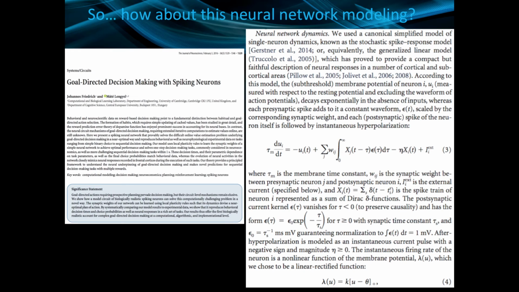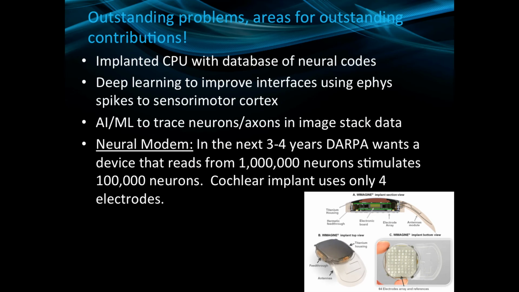If you're interested in this stuff, what do people who work on this think is interesting? One of the really fascinating things we're currently working on: there was a DARPA meeting two weeks ago where they proposed that in the next 3 to 4 years there should be a neural modem, and this neural modem should be able to read from 1 million neurons and stimulate 100,000 neurons.